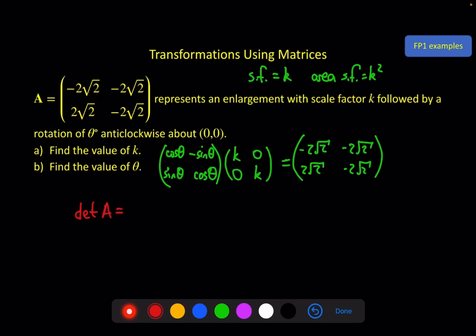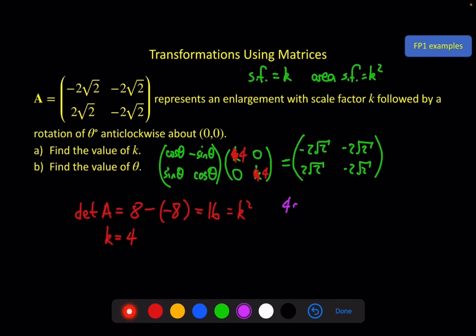So the first one is minus 2 root 2 times minus 2 root 2, that's 8, and minus 8, 16, which is a very nice number to have for k squared, because it means k is 4. And now we will do what we had before, the idea of just going ahead and doing this times this, so 4 cosine theta plus 0 must equal this.